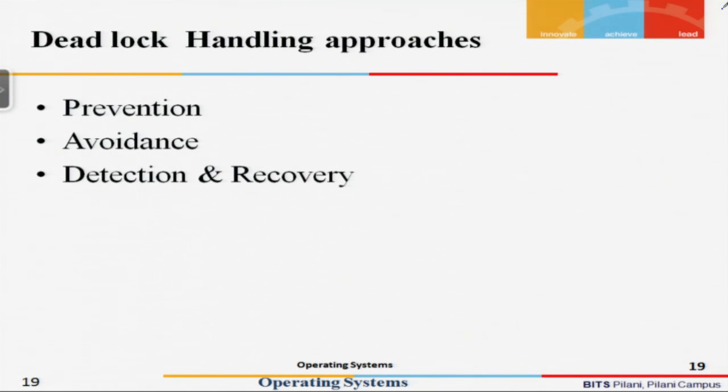The third approach is that we can allow the deadlock to occur in the system and then detect the deadlock, and after having detected it, devise a mechanism to recover from the deadlock. In this session we will focus on these two aspects of deadlock handling, avoidance and detection and recovery. So, let us begin with avoidance first.